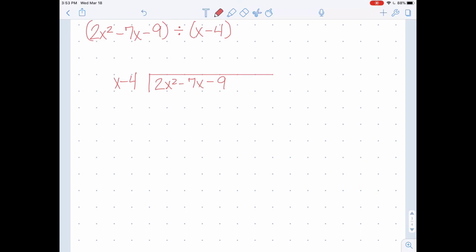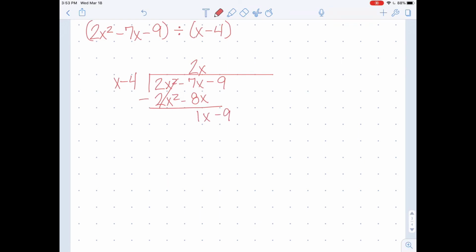Well, to get x to be 2x squared, I'm going to need to multiply by 2x. And then I get 2x squared minus 8x. If I subtract, these cancel out. This would be positive 1x minus 9.